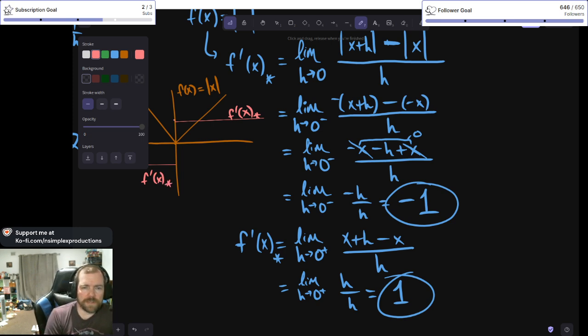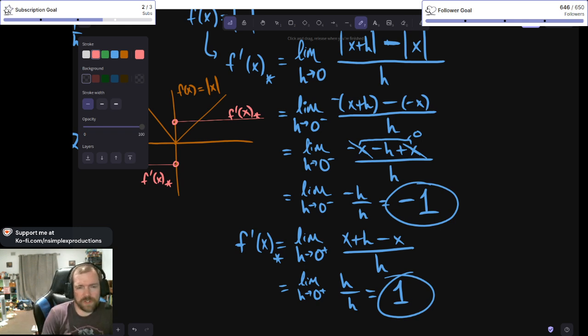Right, and at 0 itself, I guess maybe technically we said that by definition, this follows the positive side at x equals 0, but the problem here is that it doesn't really work.